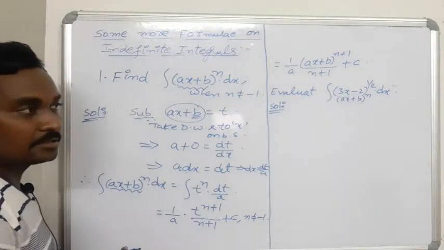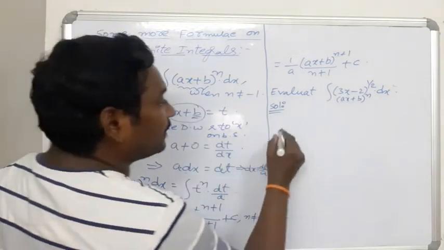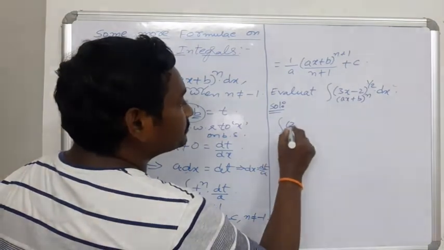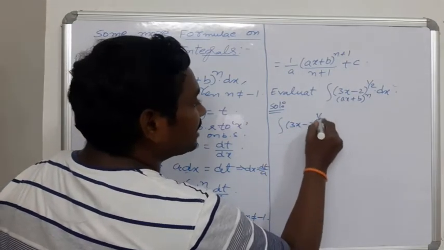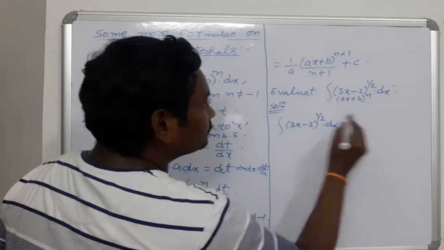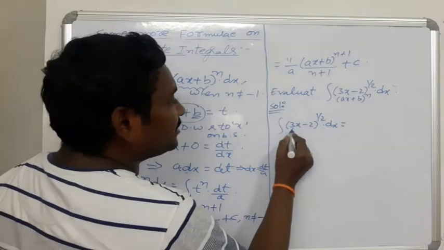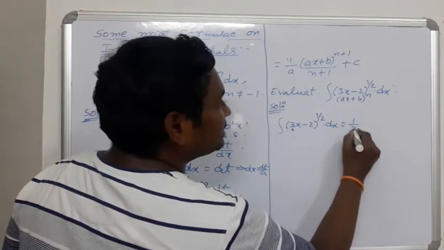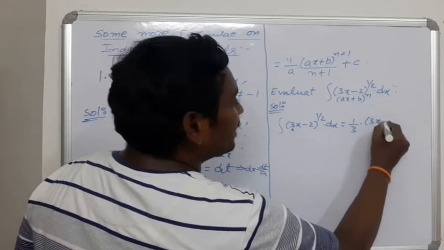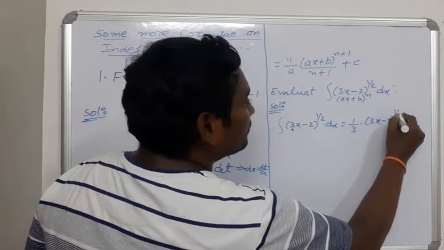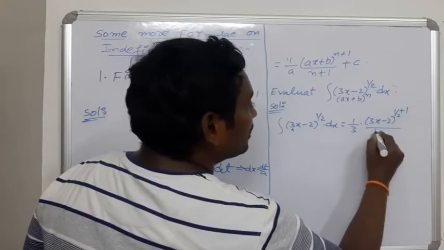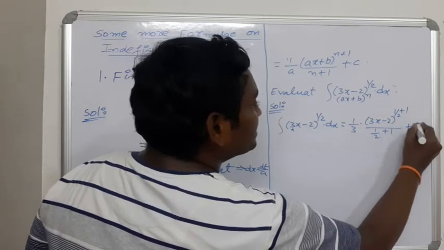Don't forget it. Now by applying this formula directly, the given problem becomes 1 by a. What is the a value here? 3. So 1 by 3 into (3x minus 2) whole power 1 by 2 plus 1, by 1 by 2 plus 1, plus c.